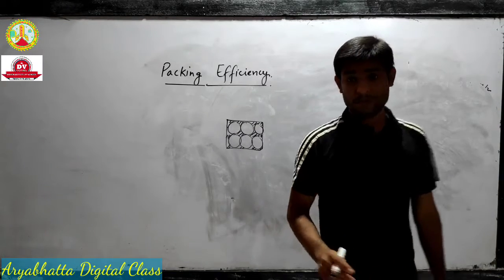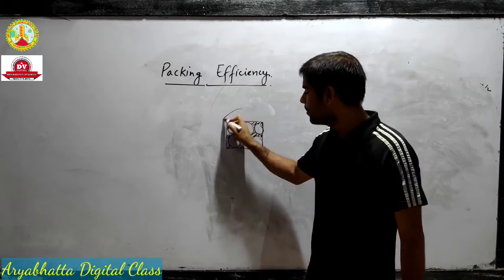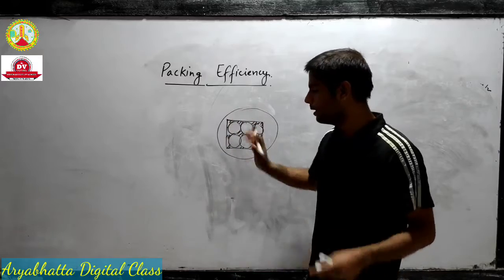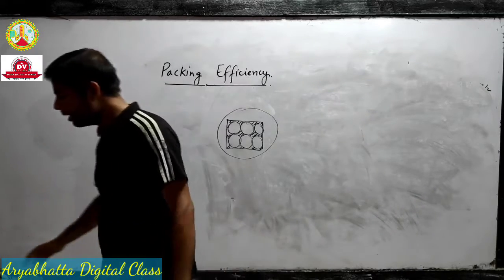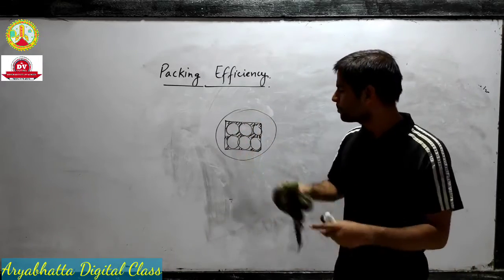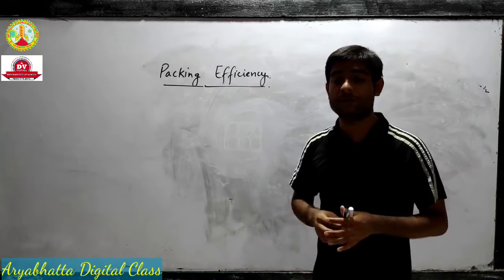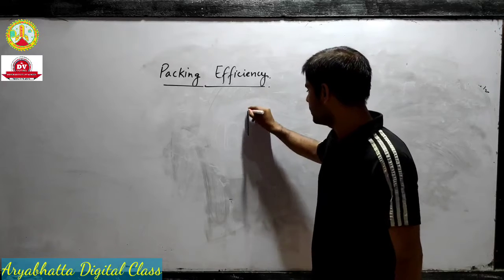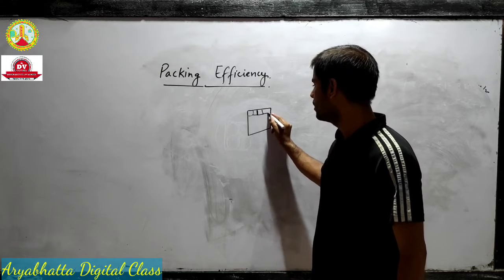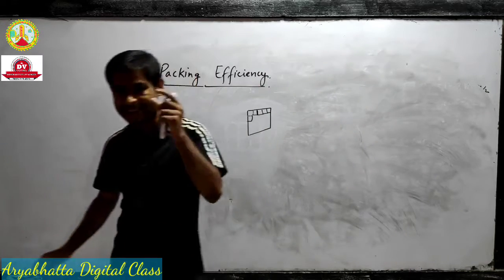That means when we were arranging the balls, we were not able to use the complete volume that we had. We just used some percentage of the total volume. We can have different types of arrangements. Suppose in the box I put cubical dice type things, then efficiency will be better because there will be less vacant space.